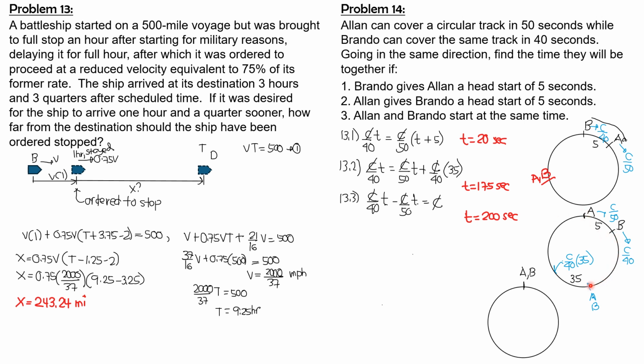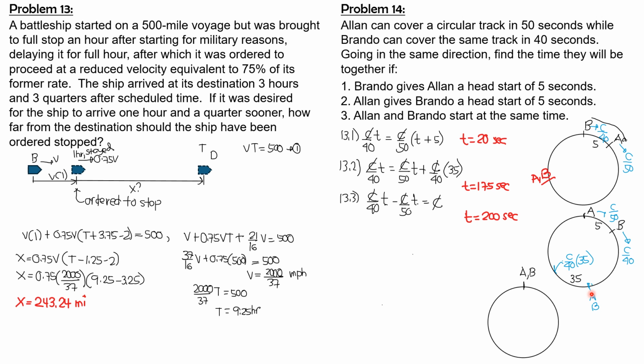But assuming this is the meeting point between Alan and Brando, this is the distance traveled by Brando, not necessarily that part, but rather it may have one revolution or two revolutions first before they reach here.